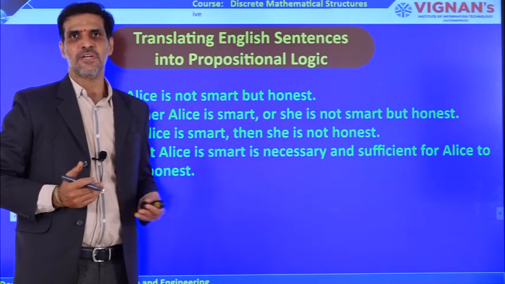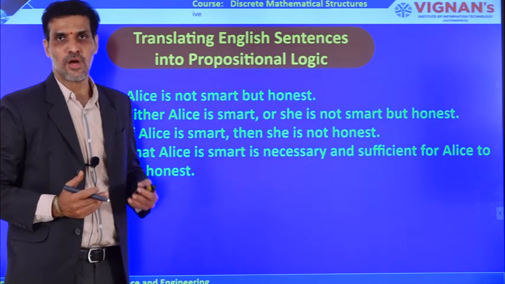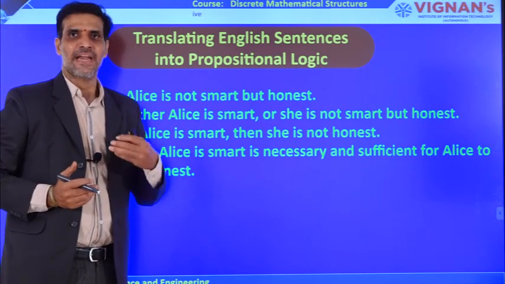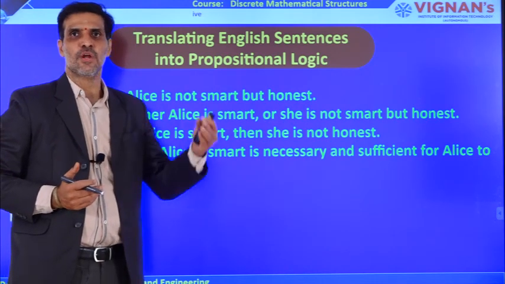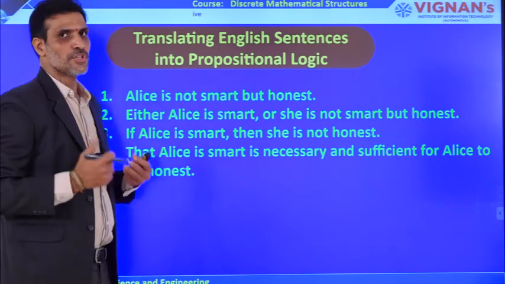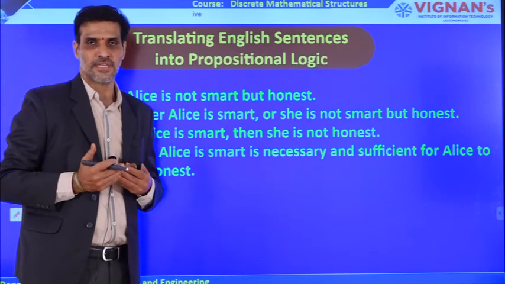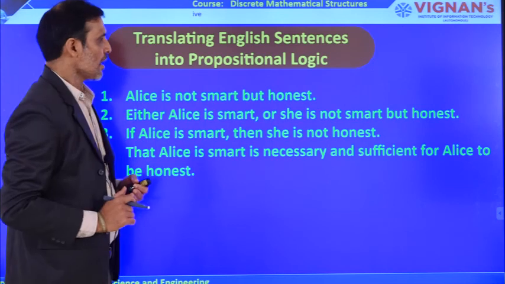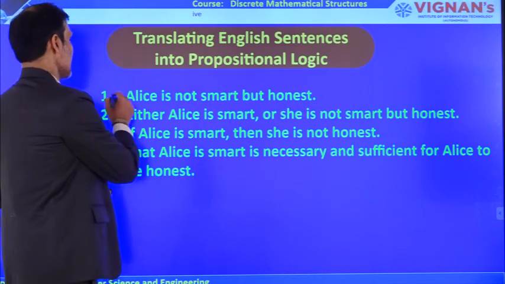One of those machine languages is propositional language. So you convert them into propositional language and then embed these sentences into the knowledge base of the machine. To do that, we should know how to convert those sentences by using the syntax of propositional logic. Now let us go with the first statement given here.